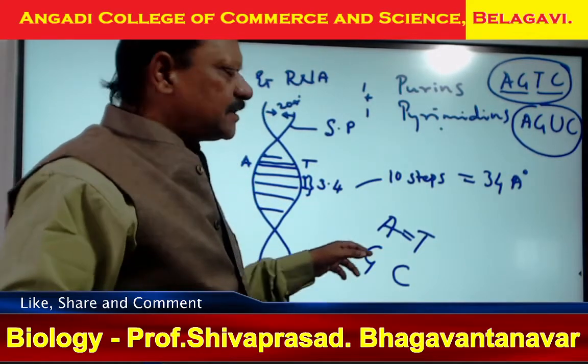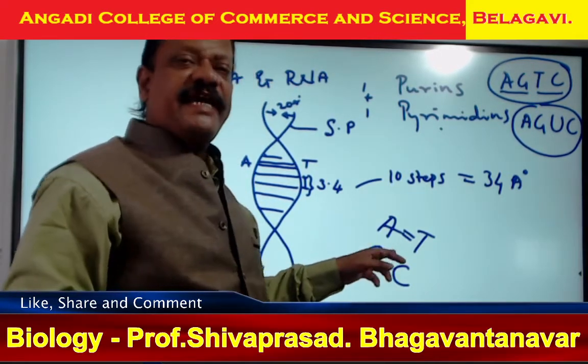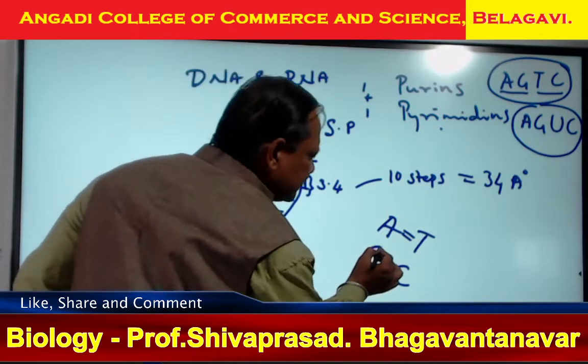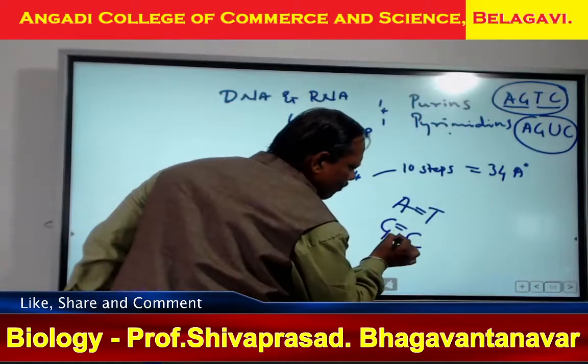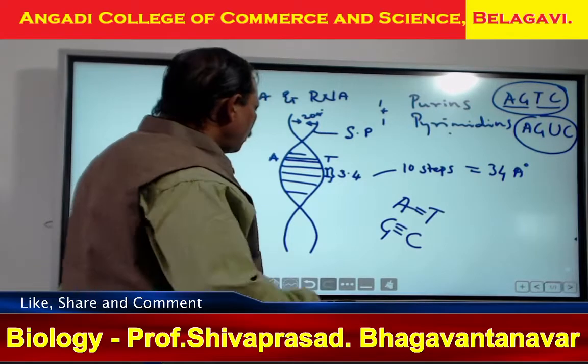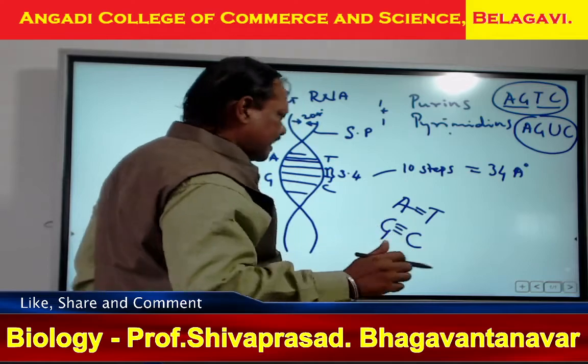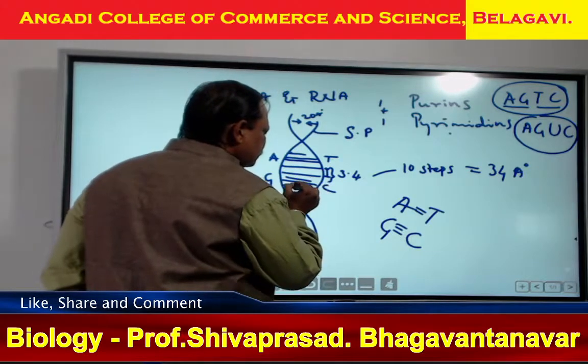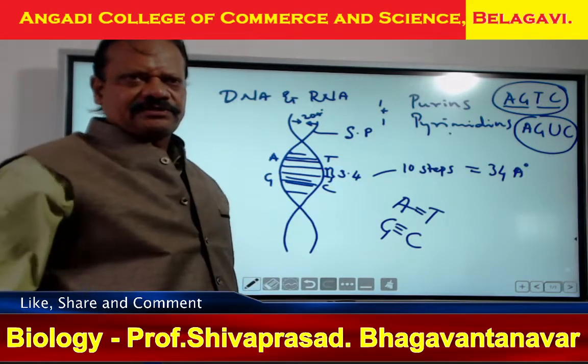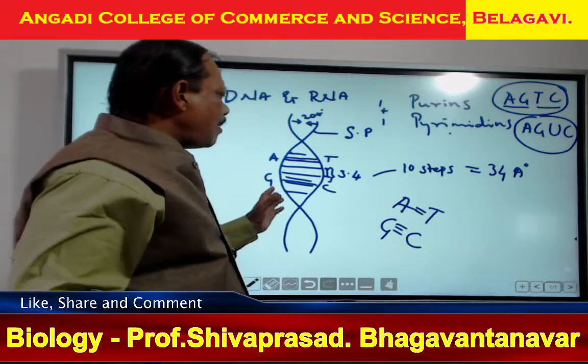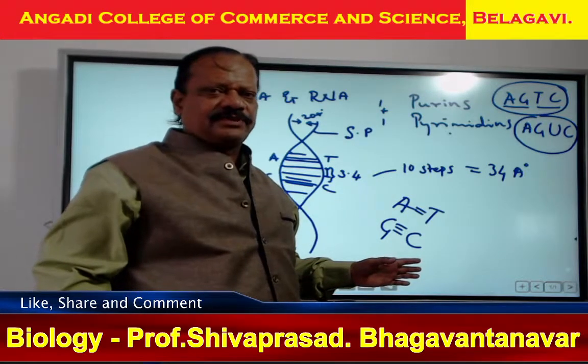If the step is formed between GC or CG, then it has three hydrogen bonds. So imagine G and C combined, it has three hydrogen bonds. In this way, you observe the combination of steps.